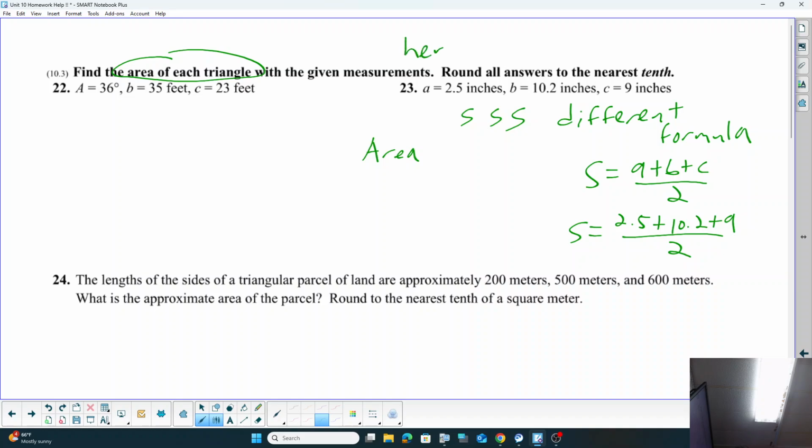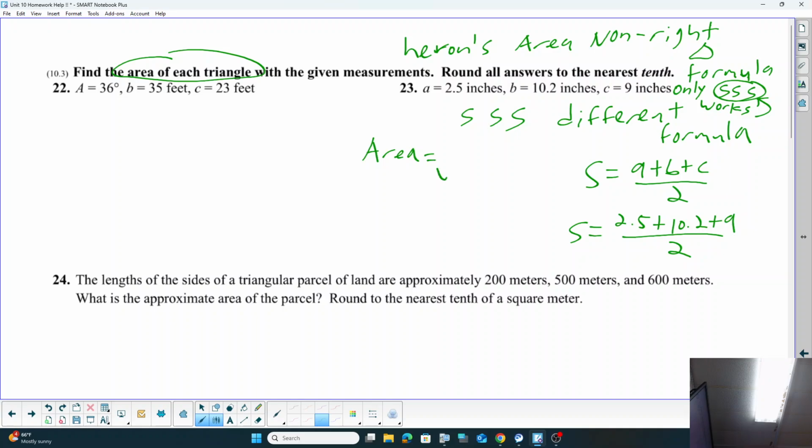This is called Heron's area of a non-right triangle formula, basically. It only works with side, side, side.